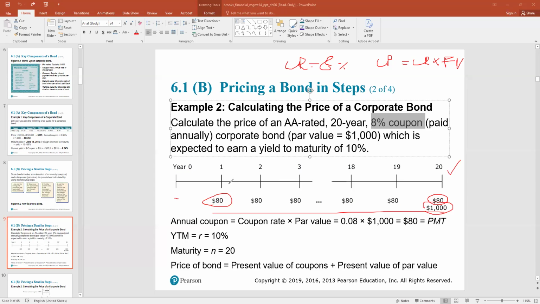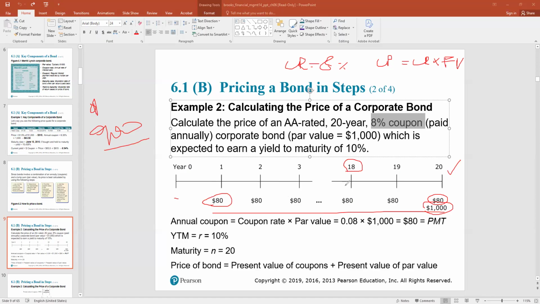So at the end, we'll always receive just the par value, no matter what. So $80 here and $1,000 as a par value you will receive at the end. You can keep it till the end of maturity, but you can sell it when you reach year 18. Let's say you bought it for 900, okay? The quoted price is 90% of face value, so it's traded at $900.